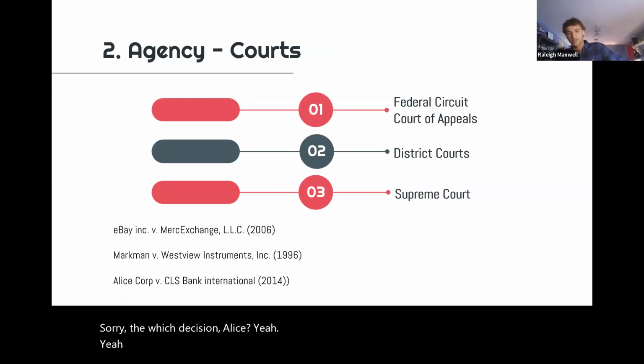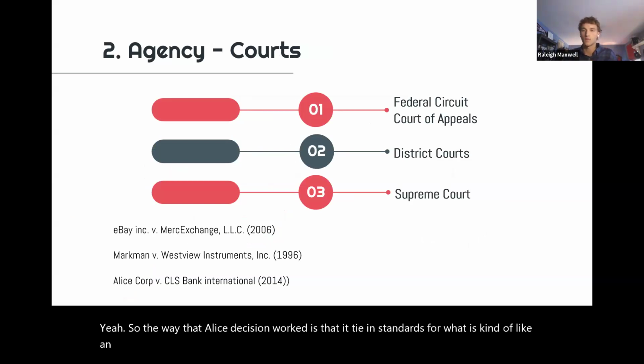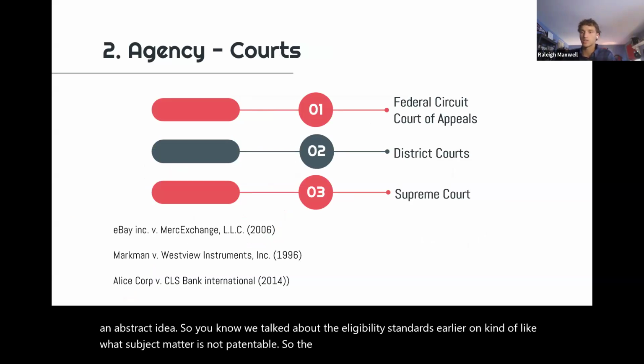So the way the Alice decision worked is that it tied in standards for what is an abstract idea. We talked about the eligibility standards earlier on, what subject matter is not patentable. The Alice decision is specifically about software and how computers are constructed.